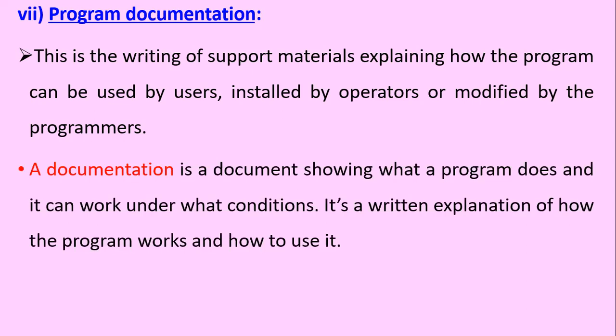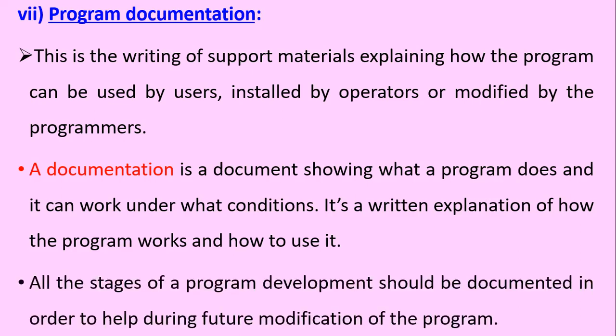Documentation is a document showing what a program does and under what conditions it can work. It is a written explanation of how the program works and how to use it. All the stages of program development should be documented in order to help during future modification of the program.